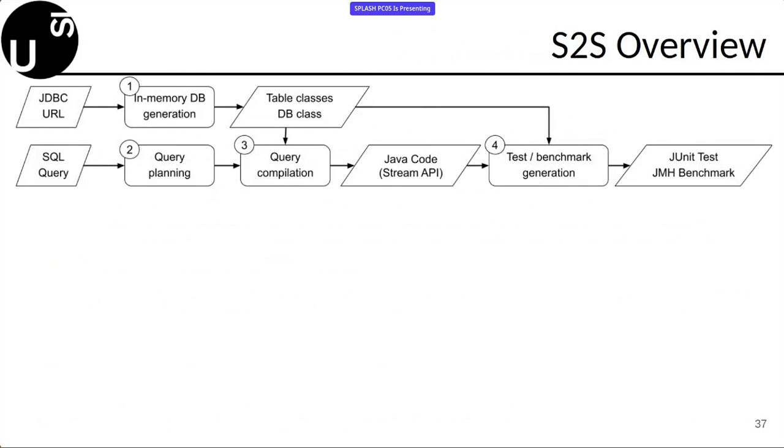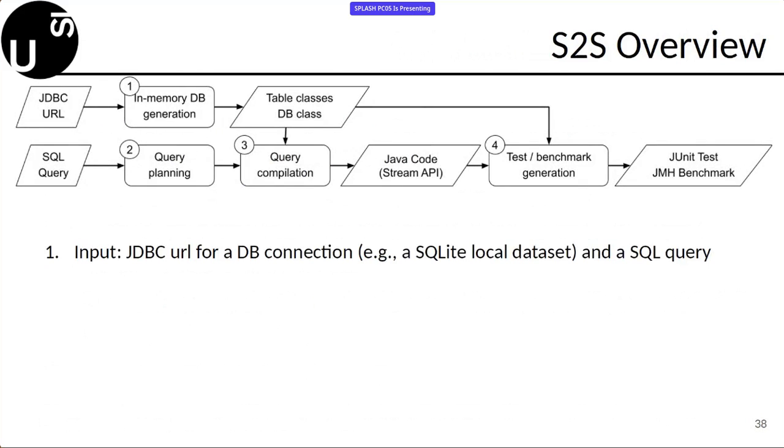Here we can see an architectural overview of the tool. The input of our tool is a JDBC URL for a DB connection. For example, it can even be a SQLite dataset or any database for which a JDBC driver exists, and a SQL query. The tool connects to the database via the provided URL.